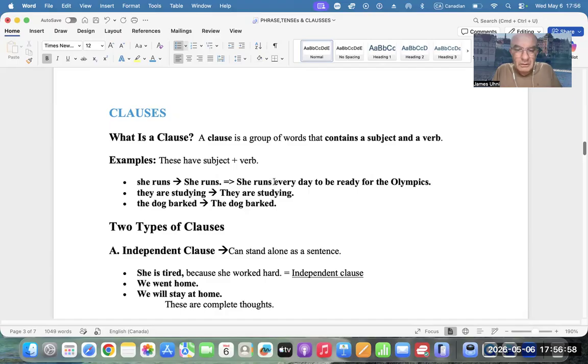So this is just a part of the sentence, complete sentence. As you can see, she runs, yes, but every day to be ready for the Olympics. Over here, we can use exactly same example, but I will change it. They are studying for the graduation.